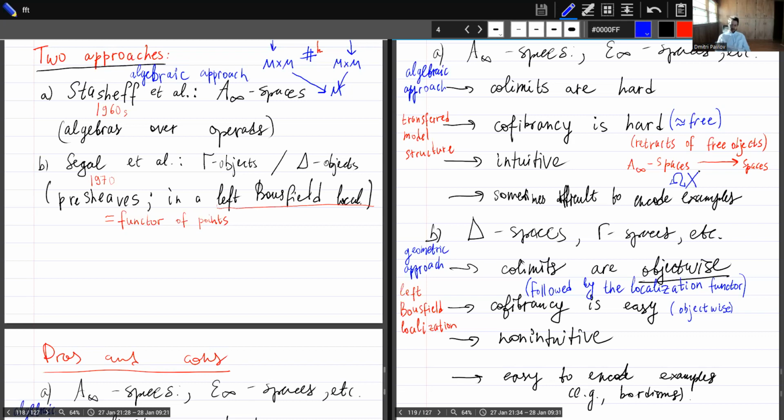So you have two such maps, and you concatenate them, but the domain of the new map will be an interval twice as big, so you have to rescale the domain to a smaller interval. And now you see that if you write down the associativity constraint, the associativity will not be satisfied strictly, but only up to homotopy. So you have to introduce the structure of an A infinity space.